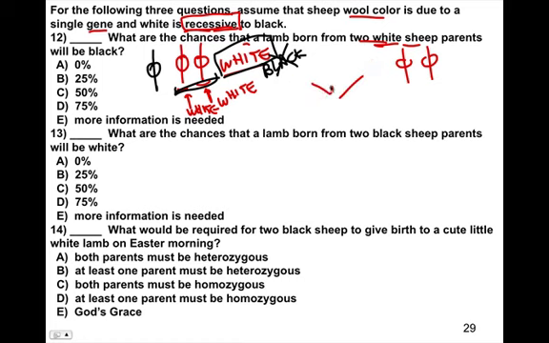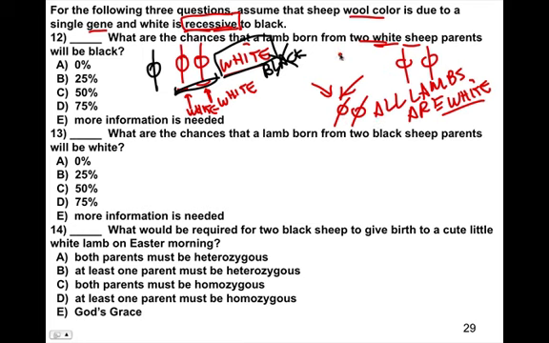And when they make lambs, they can only pass on that trait, so all lambs are white. They can't have a black lamb because black alleles are dominant, and one of the parents would have to be black. So what are the chances that a lamb born from two white parents will be black? The answer is 0.